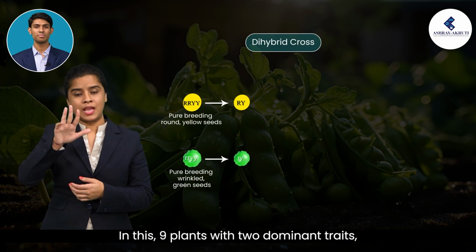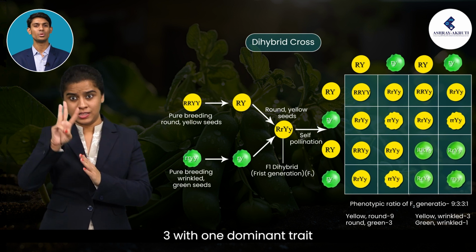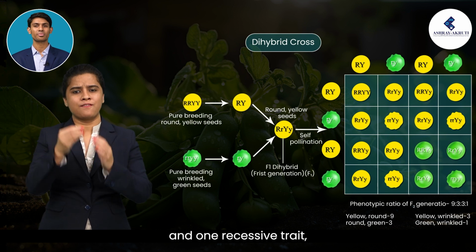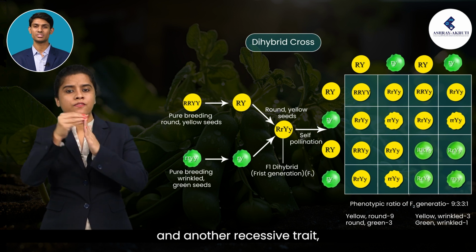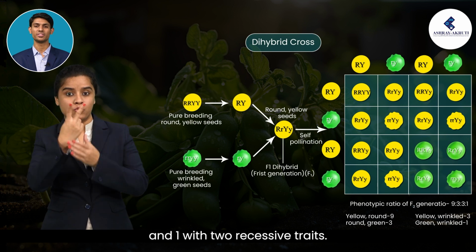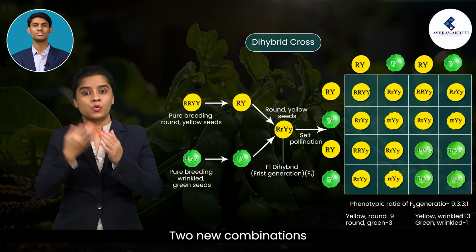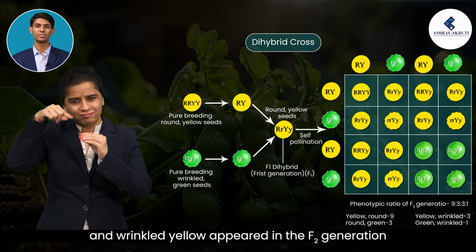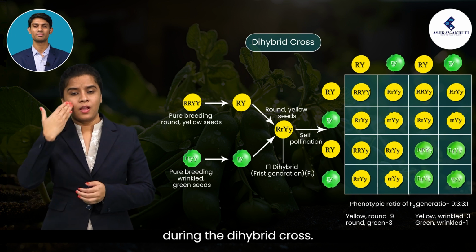In this, 9 plants with 2 dominant traits, 3 with 1 dominant trait and 1 recessive trait, 3 with another dominant trait and another recessive trait, and 1 with 2 recessive traits. 2 new combinations of traits, round green and wrinkled yellow, appeared in the F2 generation during the dihybrid cross.